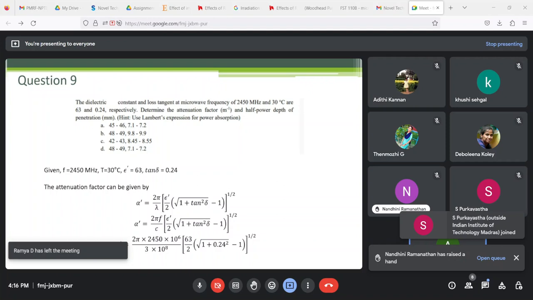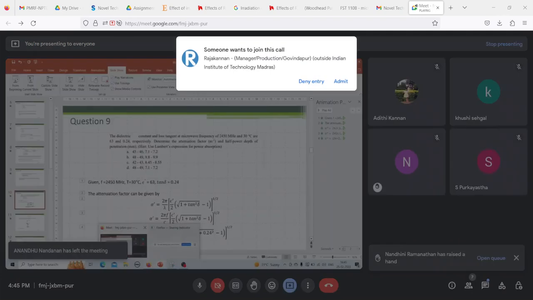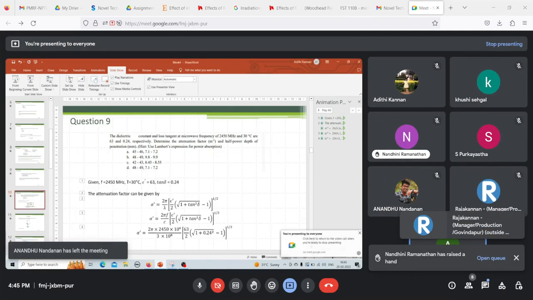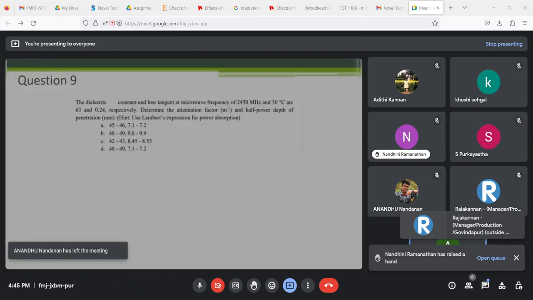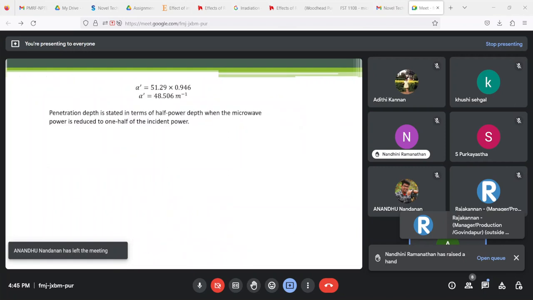The microwave absorption dissipates exponentially. So microwave absorption keeps on decreasing with depth.